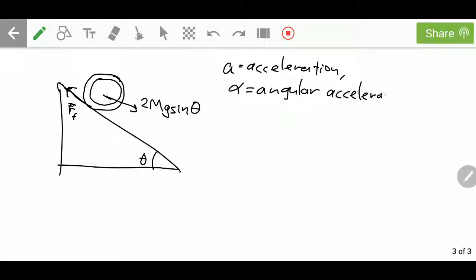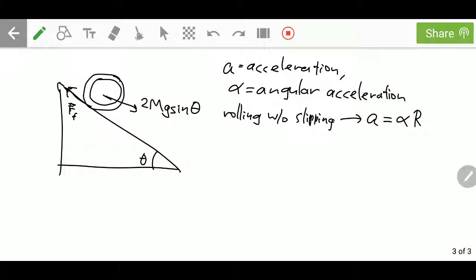We know that due to rolling without slipping, the distance that the shell covers on the ground, or whatever surface it's rolling on, will be the same as the distance covered on the sphere itself. That means in this case that the acceleration will just be equal to the angular acceleration multiplied by r.